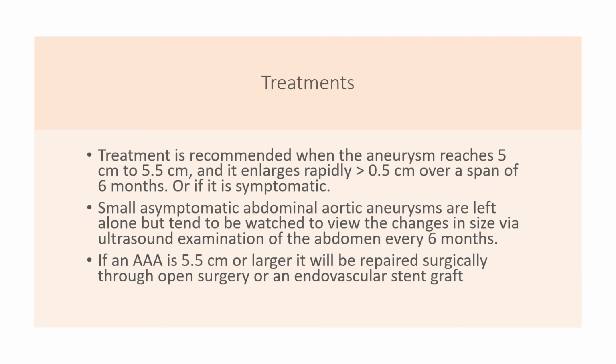Small asymptomatic abdominal aortic aneurysms are left alone but watched to view changes in size via ultrasound examination of the abdomen every 6 months. If an AAA is 5.5 centimeters or larger, it will be repaired surgically through open surgery or an endovascular stent graft.